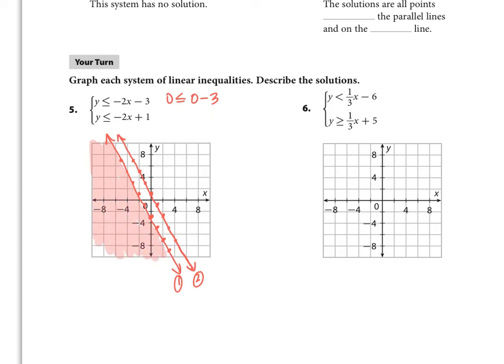Then for the second line, if I test a point, is 0 less than or equal to 0 plus 1? Looks like that is true. So let's shade that green.